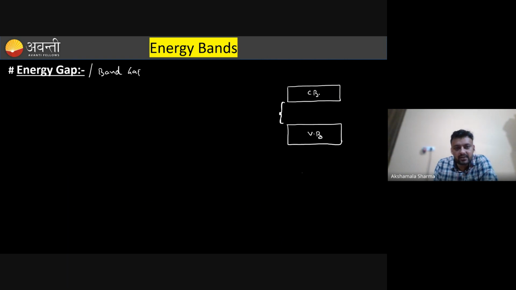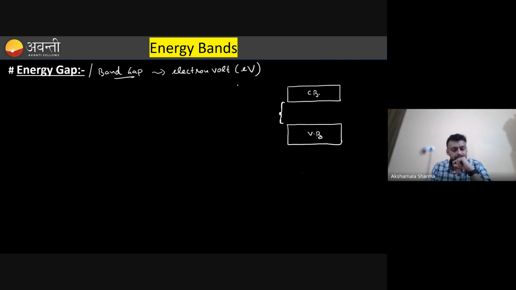And this is the difference of energy levels. And if this is the difference of energy levels, its unit should be in the form of energy. And the unit of it is electron volt, generally represented as eV.